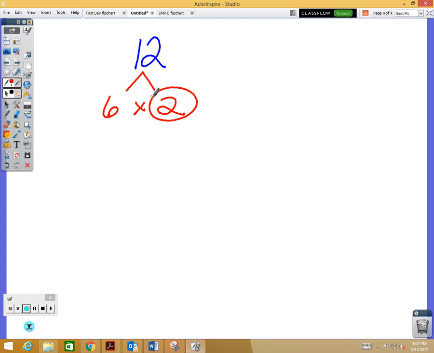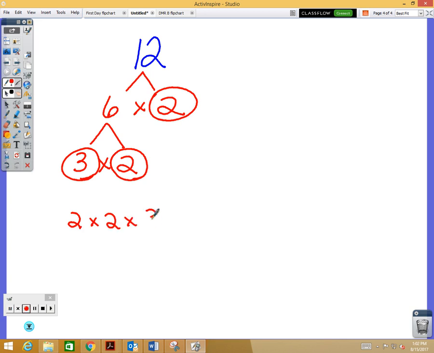6 is not prime. What can I do to get 6? 3 times 2. We already said that 2 is prime. Is 3 prime? So we don't need to do any more branches. Our branches are all stopped. So I'm going to write these circled numbers only, in order from least to greatest. Least to greatest.